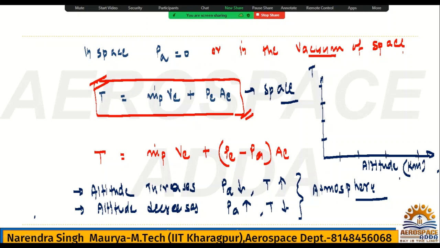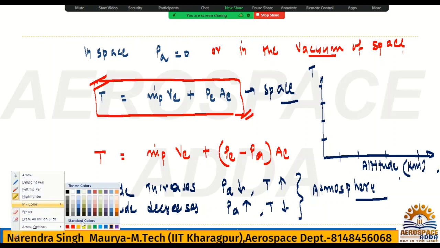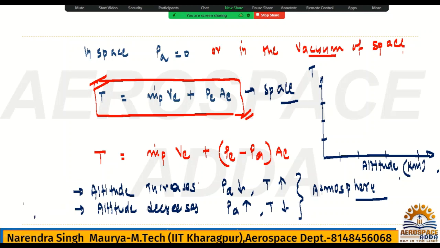Once altitude increases, thrust increases. Now see this graph. This is for 1 mark objective. You need to remember. Once altitude increases, PA decreases, so thrust increases. So this thrust will be increasing like this, because altitude is increasing.